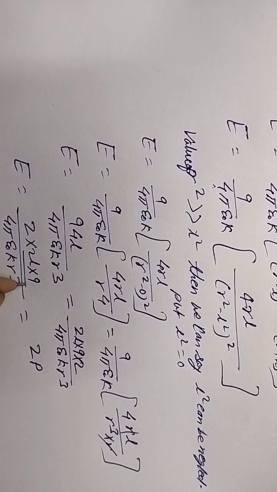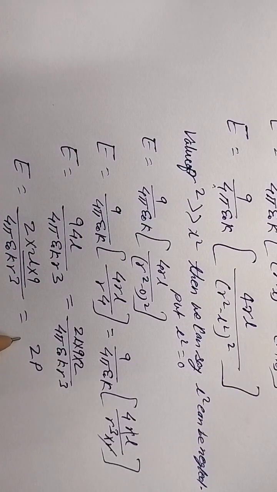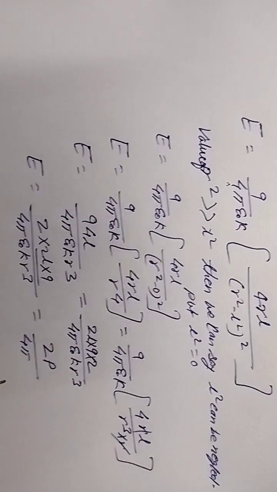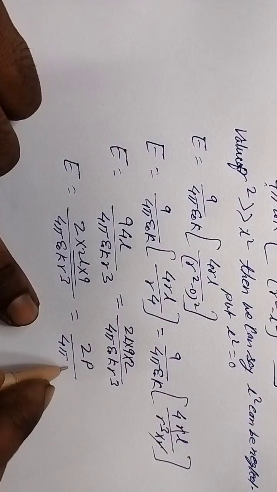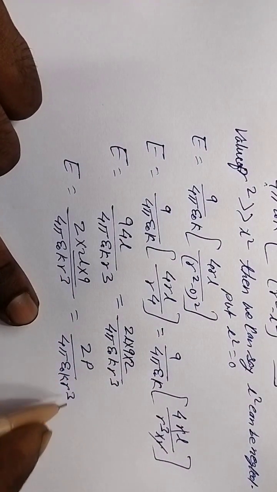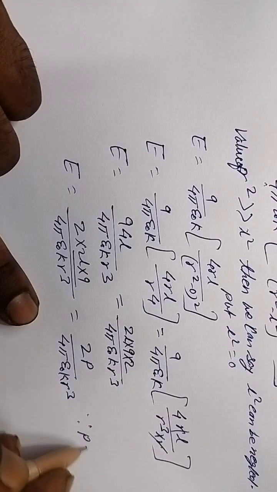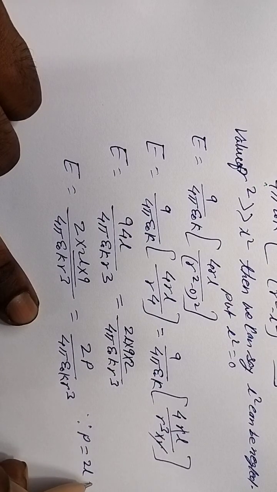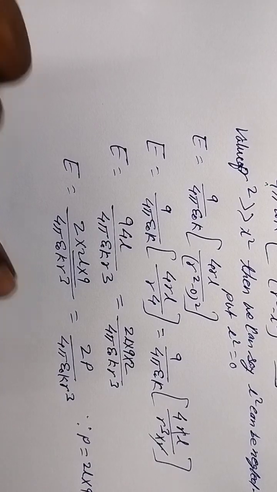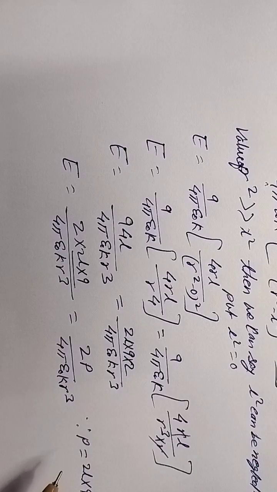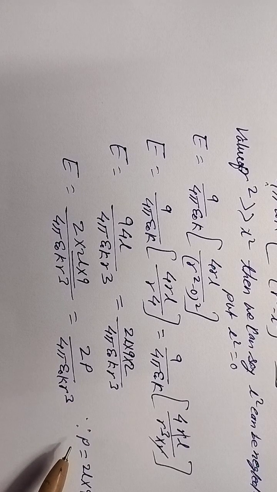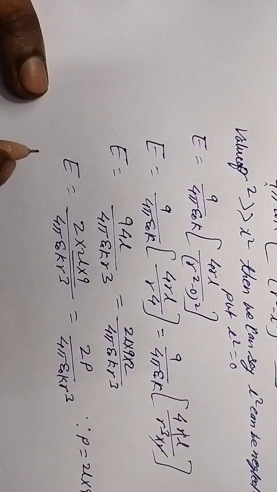The value of 2L into Q will be P, so we get 2P upon 4 pi epsilon 0 K R cube, where P is equal to the length of the electric dipole into one charge, because it is the electric dipole moment.